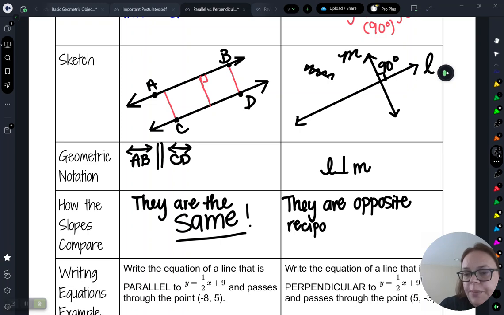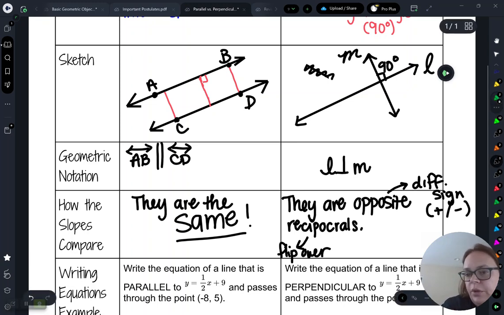So the word opposite means, in this context, different sign. So positive or negative. Reciprocal means to flip it over. So this, we're going to need an example.